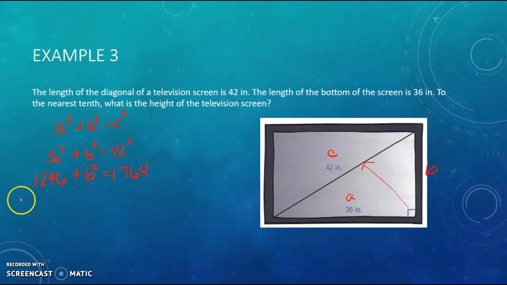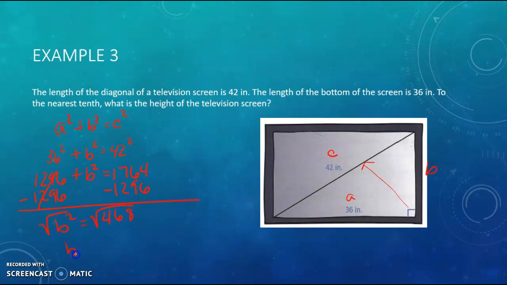Now, to get b by itself, I'm going to subtract my a squared from both sides. And so then b squared will equal 468. To get b by itself, we'll take the square root of both sides.